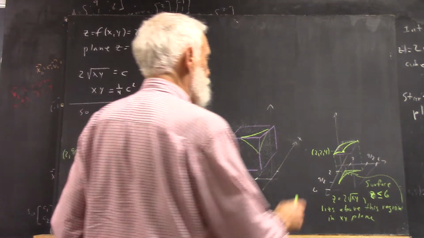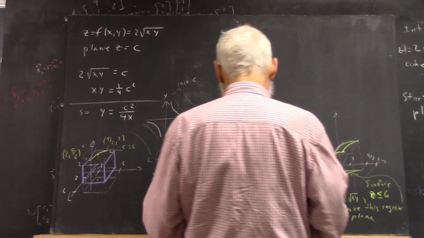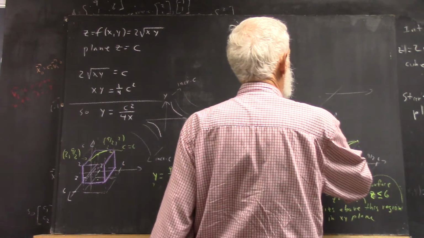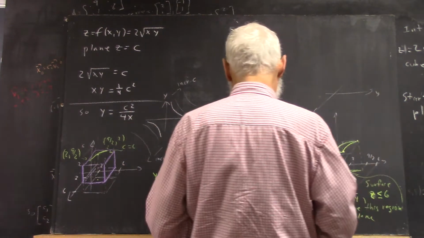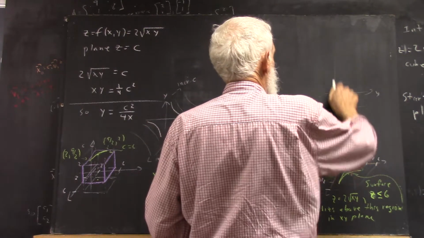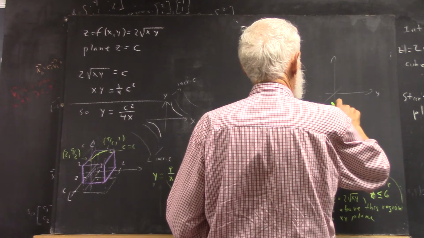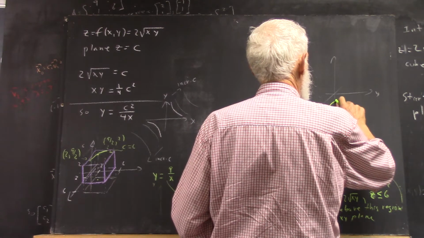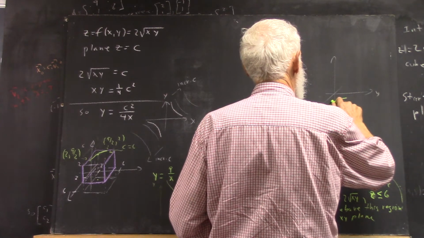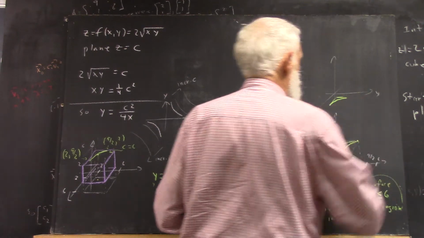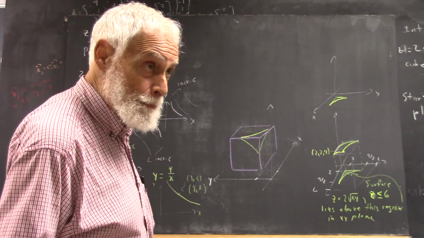So now we kind of have a picture like this. Here's our XY plane. Here's Z. So we have this region in the XY plane, okay?